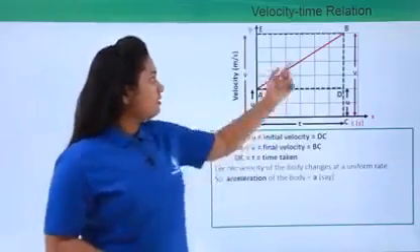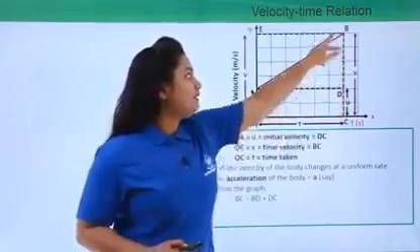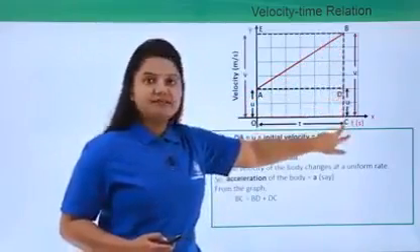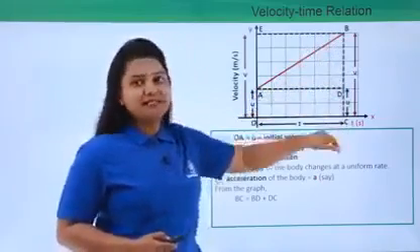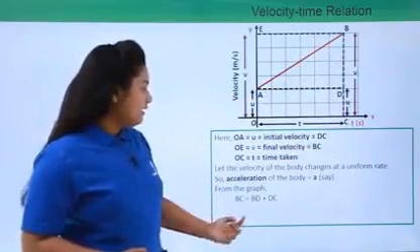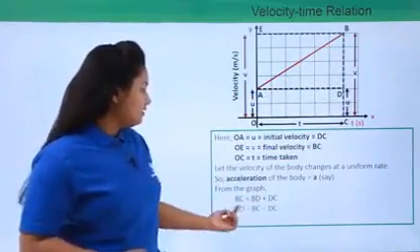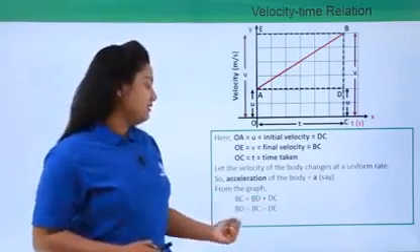Now from the graph we see that BC equals BD plus DC. So BD when added to DC gives us the total BC. So here when we want to find BD, we'll be taking DC to the other side. So BD will be equal to BC minus DC.